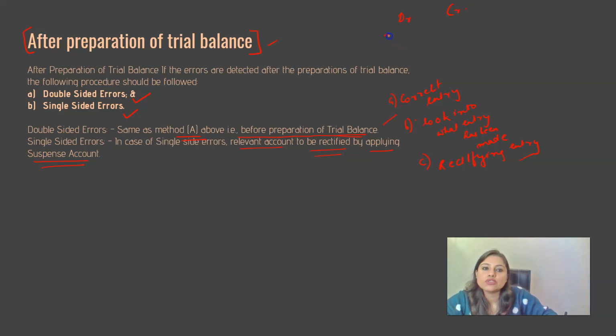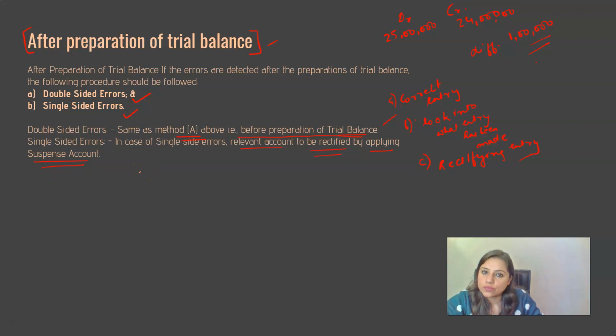For example, the debit total here is 25 lakhs, however the total of the credit side is 24 lakhs. So by the look of it, we identify that the trial balance is not matching and there is a difference of 1 lakh.